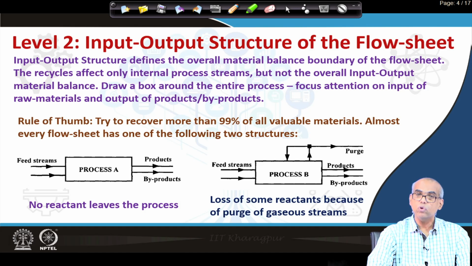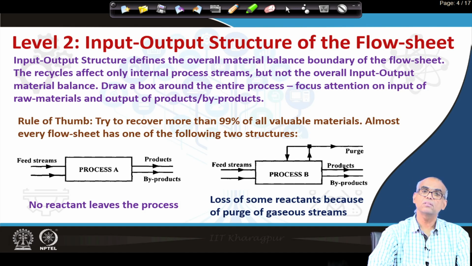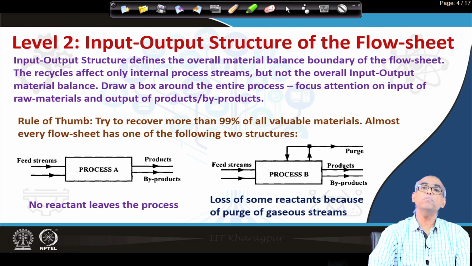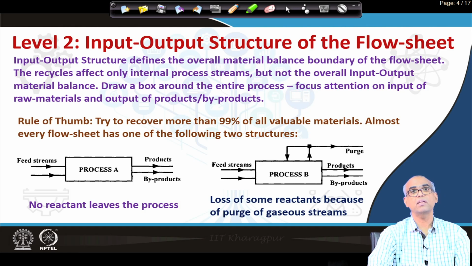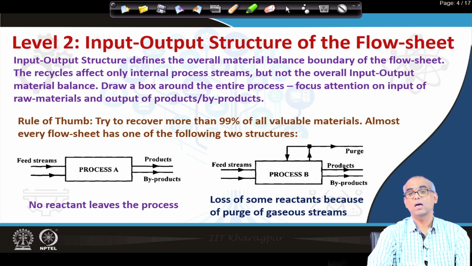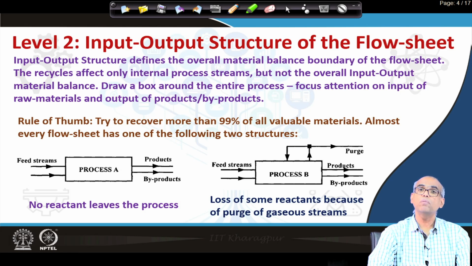So, this kind of flow sheet you will often see in gaseous reactions. If the gaseous feed stream contains an impurity or inert, or an impurity is produced during the reaction, this impurity or the inert must be purged out, otherwise it will build up in the recycle loop.